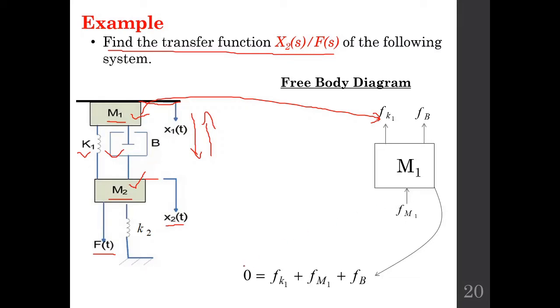So we can easily say that the applied force, which is 0, is equal to the sum of opposing forces, which are F of K1 plus F of M1 plus F of B. That was the free body diagram and the equation of motion for body M1. In the same way, we will make the free body diagram of this M2.